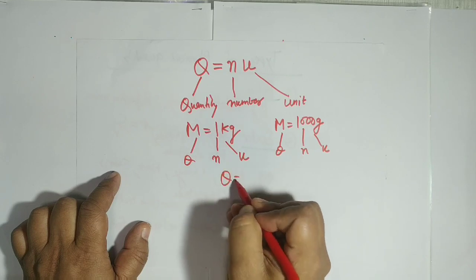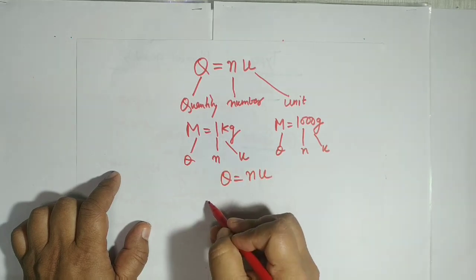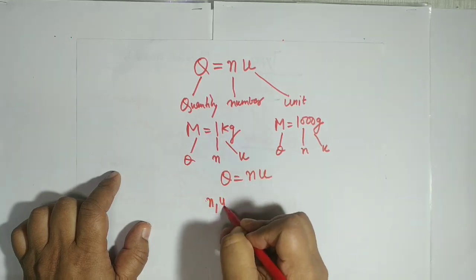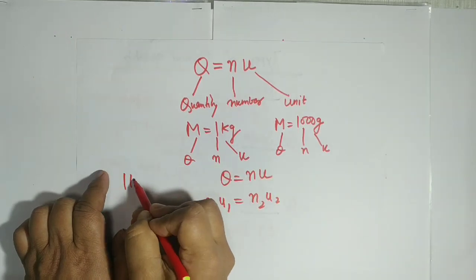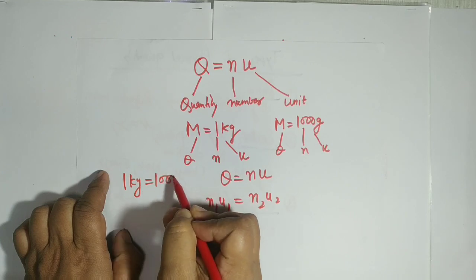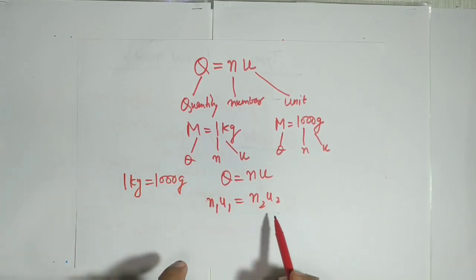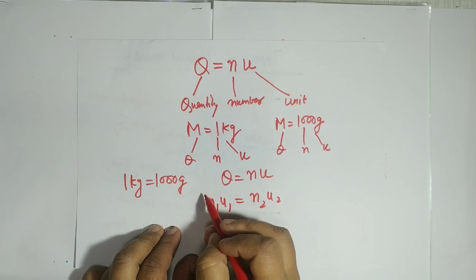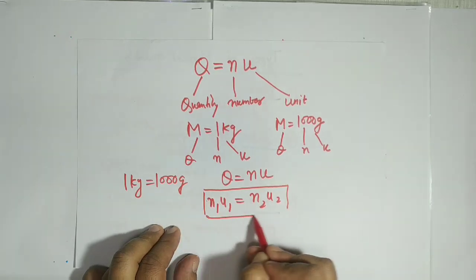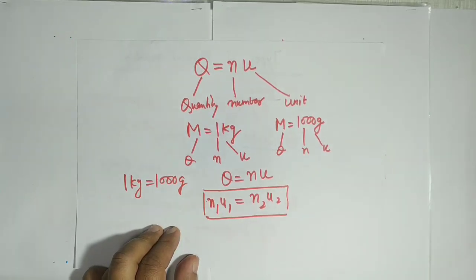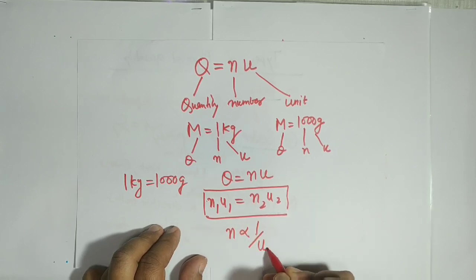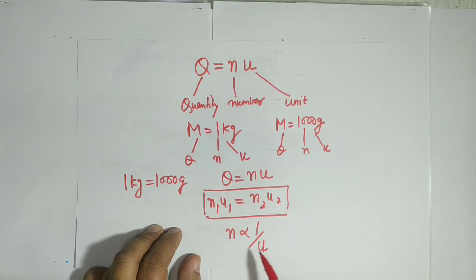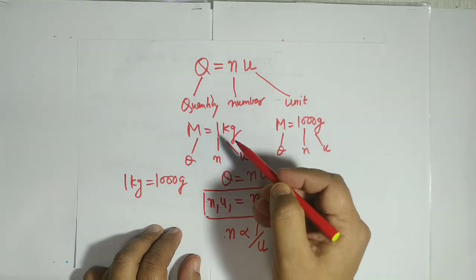So when we say Q is equal to n u, can we write n1 u1 equal to n2 u2? Because 1 kg is equal to 1000 gram. So this is how we say that n is inversely proportional to unit. The bigger the unit, the less will be the number.